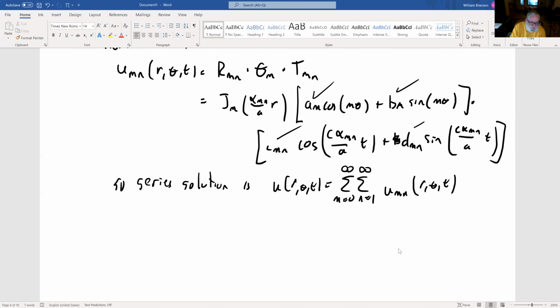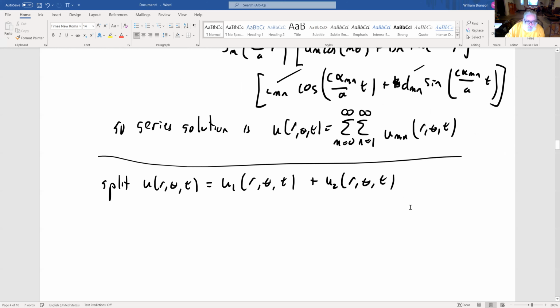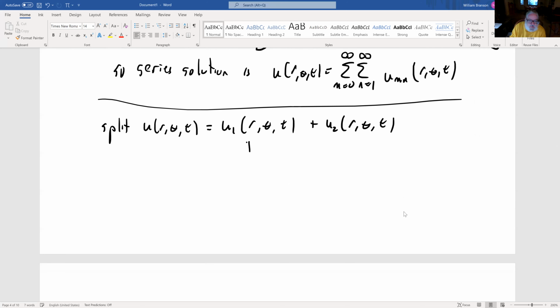So I'm going to split u into two parts. What we're going to think about with these parts, u1 and u2, is that this is the response to the initial position.